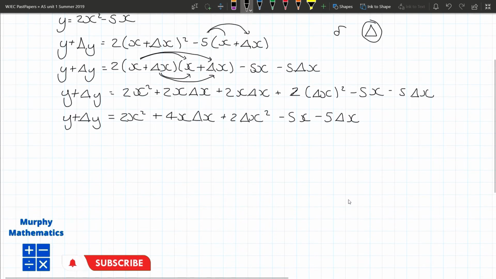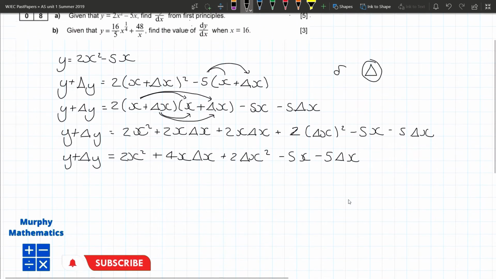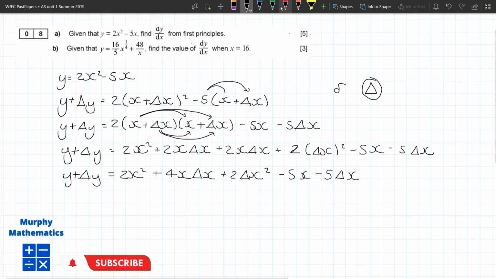Now my next plan is to subtract our initial y, so our initial equation, y equals 2x squared minus 5x. I'm going to take our equation above minus this.